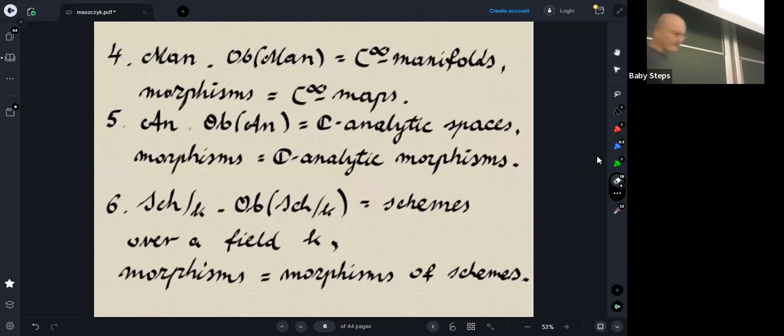Okay? So if we fix a field K, then we have the category of schemes over the field K. And morphisms are appropriately defined morphisms of these objects. So this example is the basic environment of algebraic geometry.